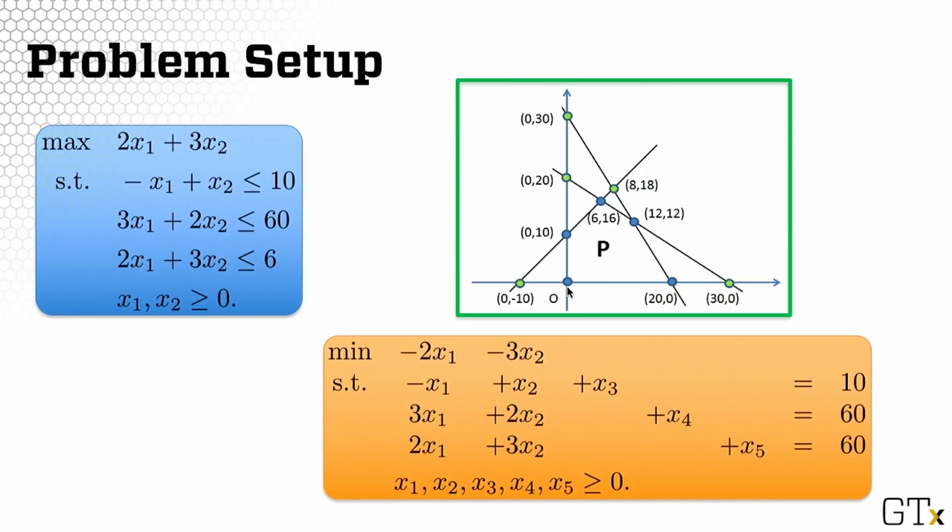That means it corresponds to this point, the origin, in the original LP. It's right here. So we start from a basic feasible solution corresponding to this point. And I want you to pay attention later, when you carry out this simplex method, to where the next iteration leads us in this lower dimensional space.